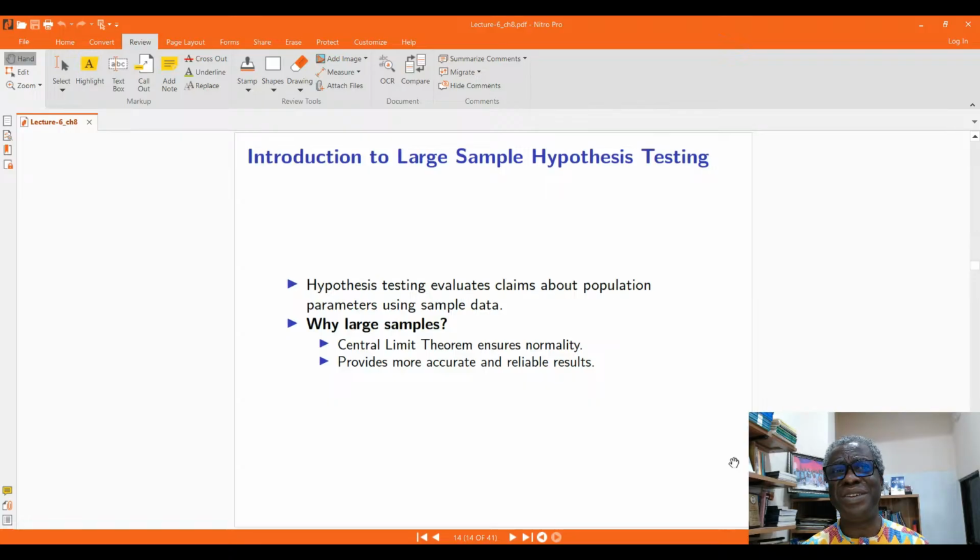It is a scientific process of evaluating a claim and testing whether that claim is valid or not, or whether that claim is true or not.